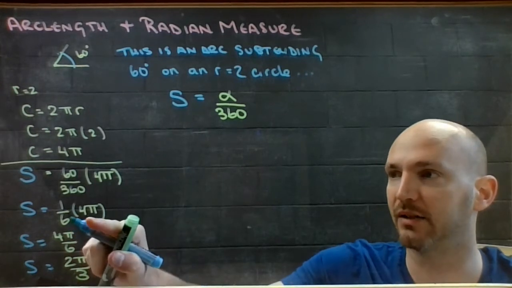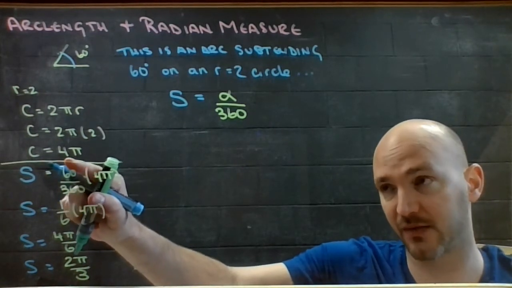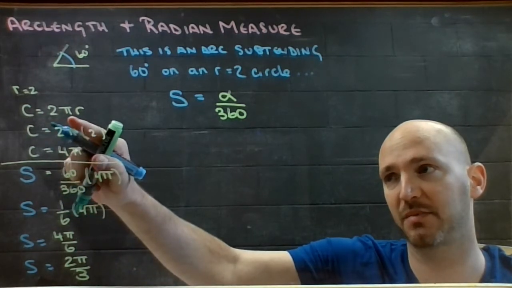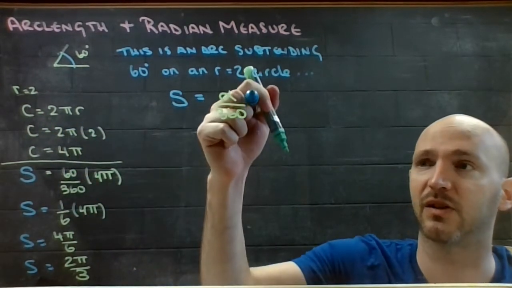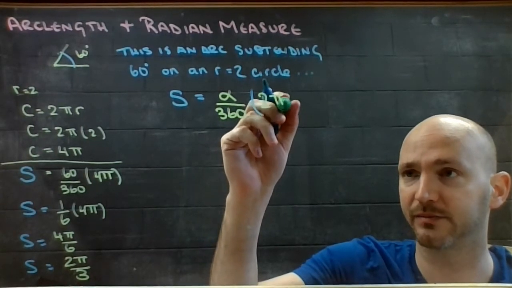4 pi was the circumference of this circle, and you get the circumference of a circle by doing 2 times pi times the radius. So I'm just going to write that in here like this.